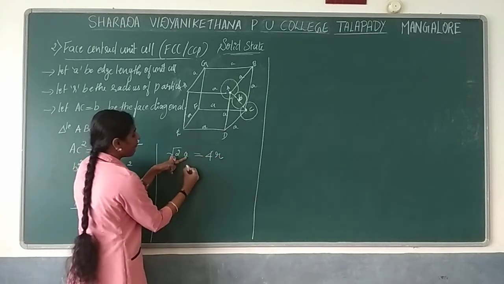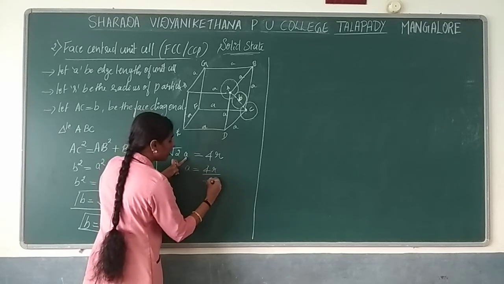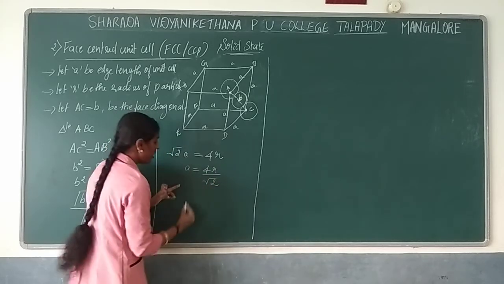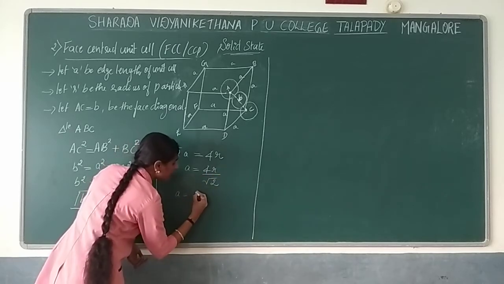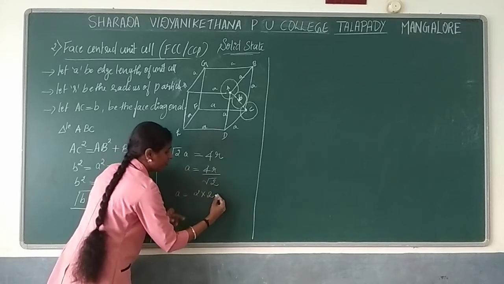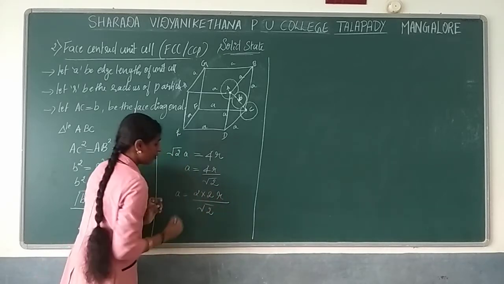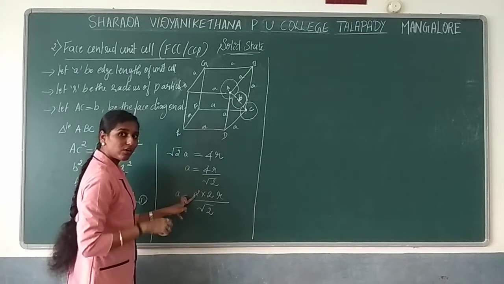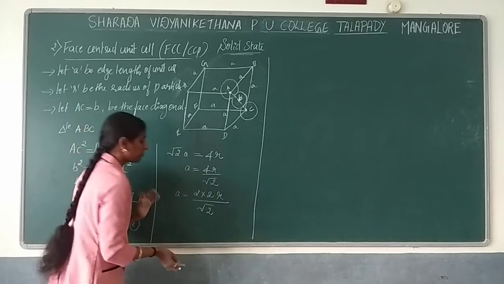So I can find the value of A, that is nothing but 4R by root 2. Now 4 I can also write as 2 into 2. I have to convert it into simplified form, that's it.